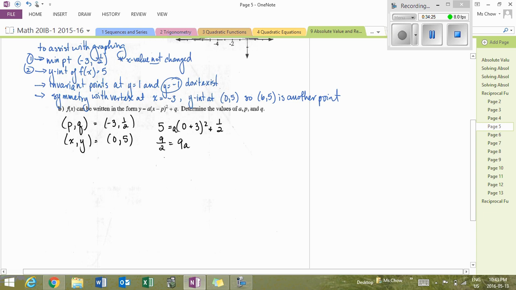So that leaves us with just a is equal to 1/2. So in that particular case, our function is equal to 1/2 times (x plus 3) all squared plus 1/2, or if they're just asking what are the values of a, p, and q, another way to state it would simply be to say that a is 1/2, p is equal to -3, and q is equal to 1/2.